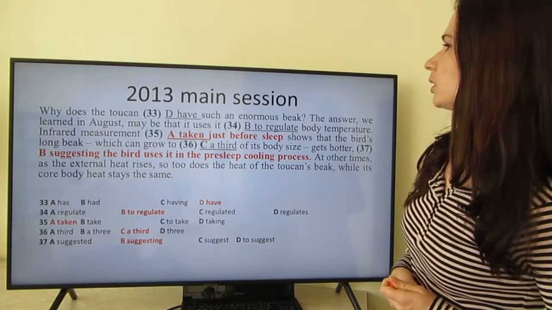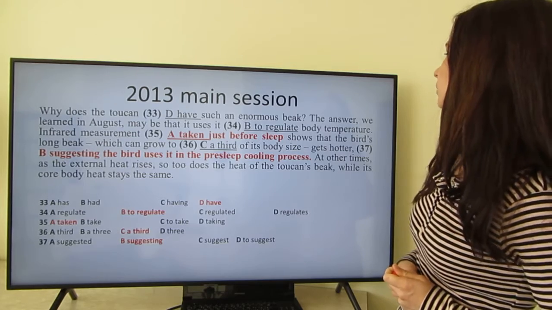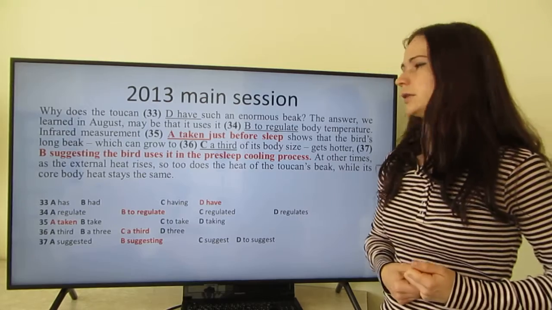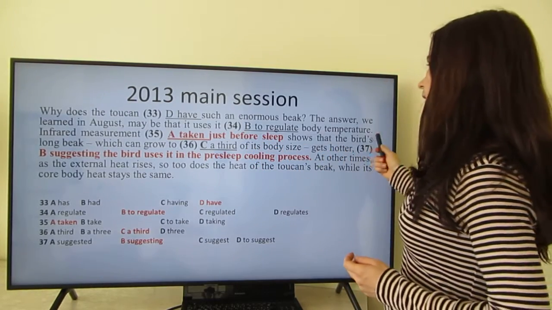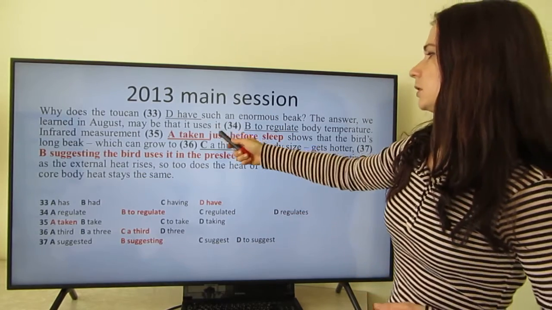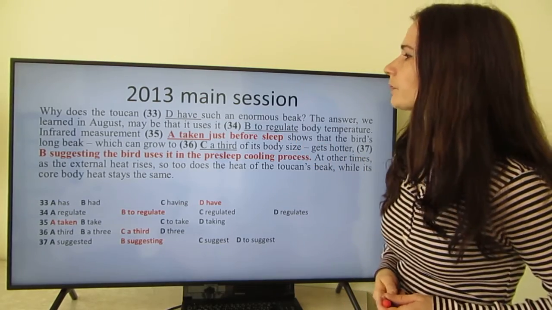The answer we learned in August may be that it uses it to regulate body temperature. Gap 34, an infinitive, to regulate, because this is the purpose clause. It uses it for what purpose? Why? To regulate body temperature.